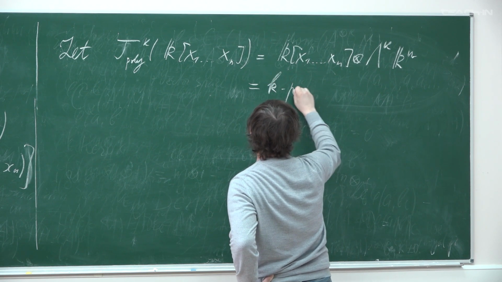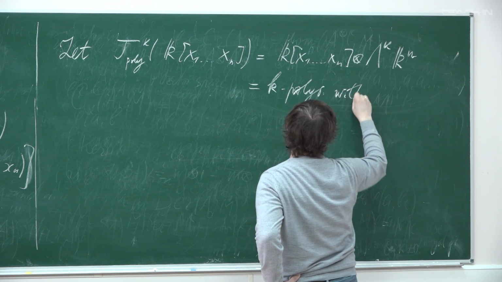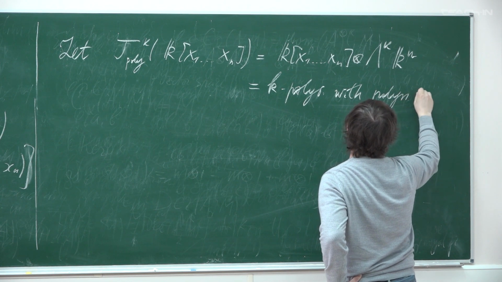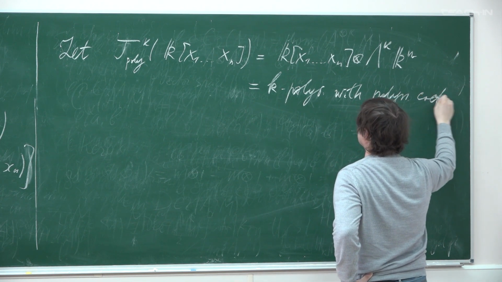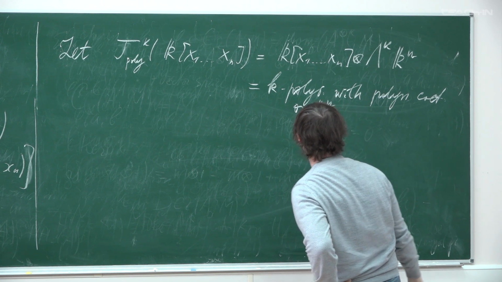K polyvectors with polynomial coefficients. Polyvectors on K^n.